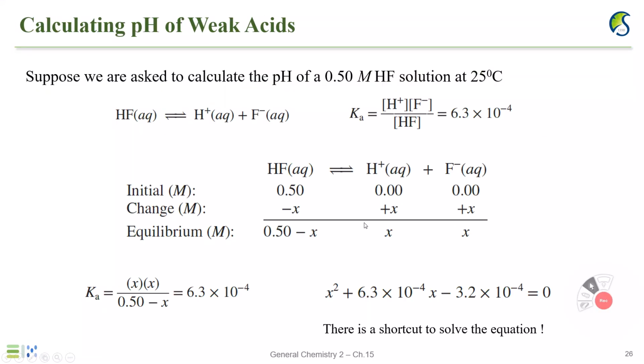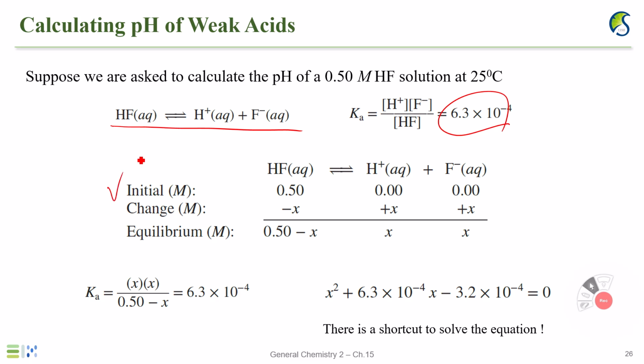Okay, so this is the page where you try to solve some calculation problems about weak acids. For example, HF. So HF is ionized following this equation with the Ka value here. So you can do the same thing that you did when you solved the chemical equilibrium problems in the previous chapter.